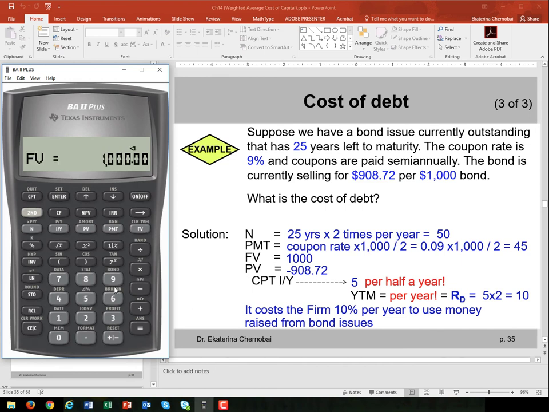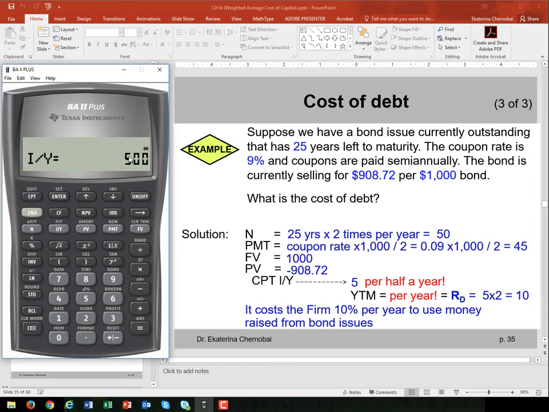PV is negative 908.72, so 908.72, then I'm changing it to negative, plus minus key, and then I save it as PV. And I'm computing IY. So I press compute and then IY.